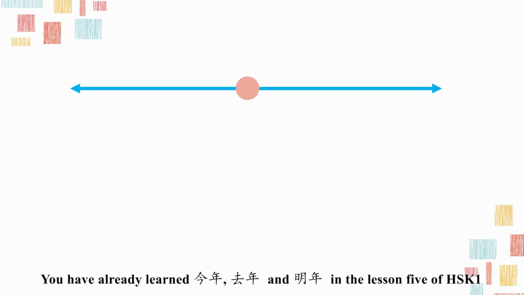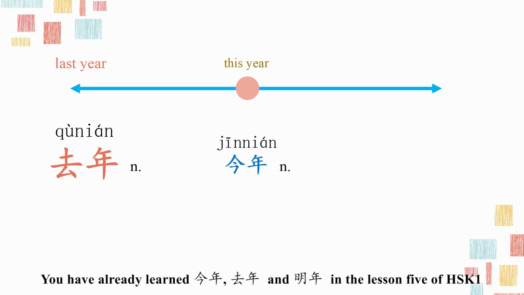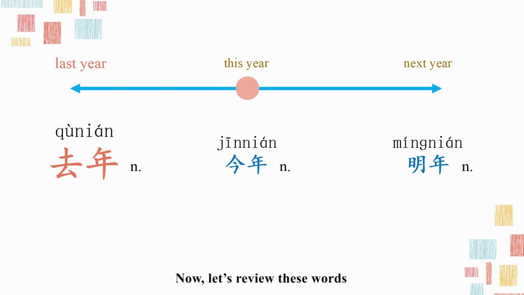You have already learned 去年, 今年, and 明年 in lesson 5 of HSK2. Now, let's review these words. 去年, a noun, means last year. 今年, a noun, means this year. 明年, a noun, means next year.